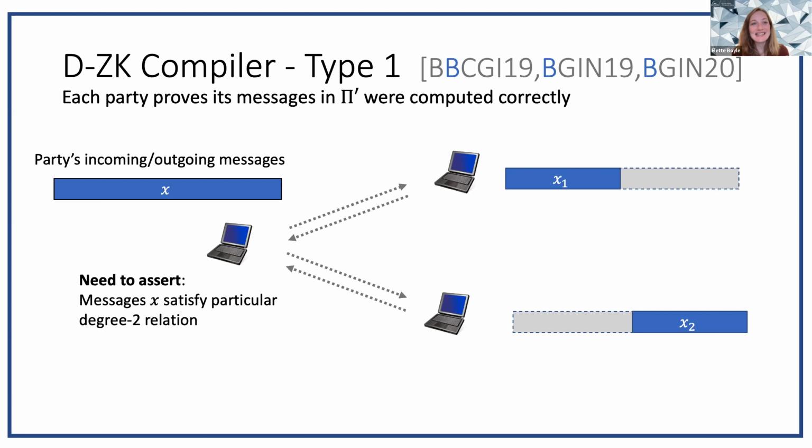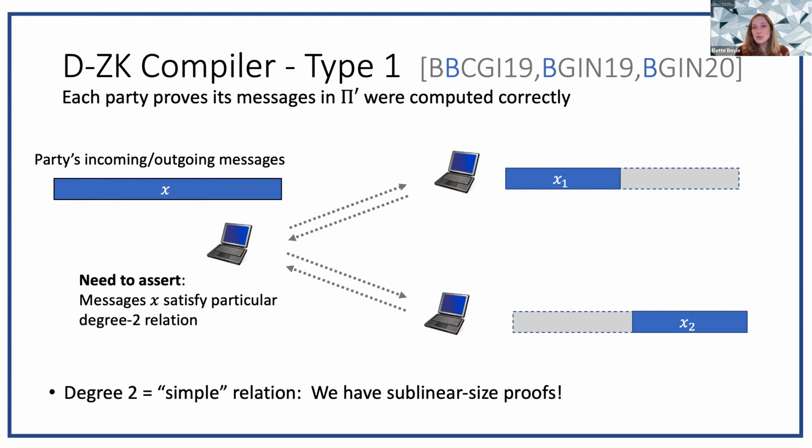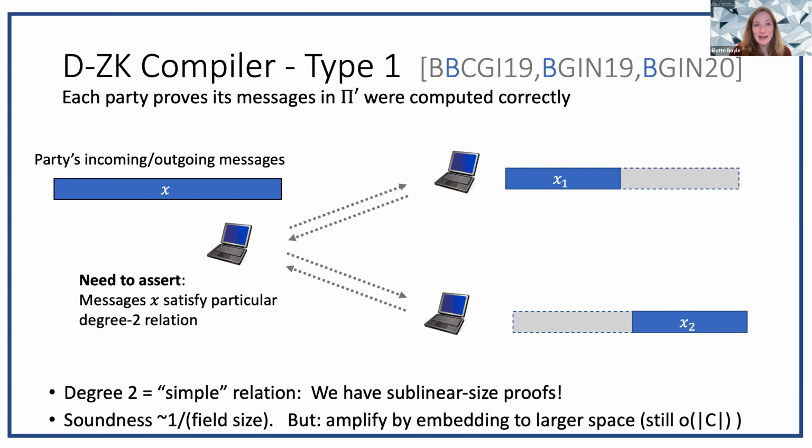What that means is that to verify that this party's messages were performed correctly, that is, he acted honestly, or at least semi-honestly, passive adversary, in the first part of the protocol, is a degree 2 relation on this collection of incoming and outgoing messages. And this is perfect, because degree 2 is exactly a form of simple relation that we have sublinear size proofs for. Okay, so this is the first type of protocol.